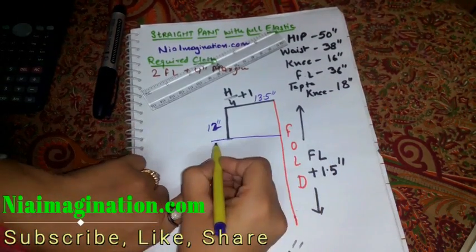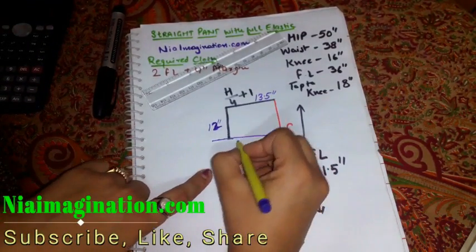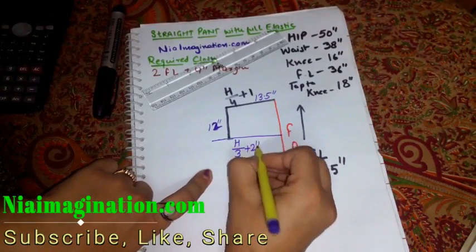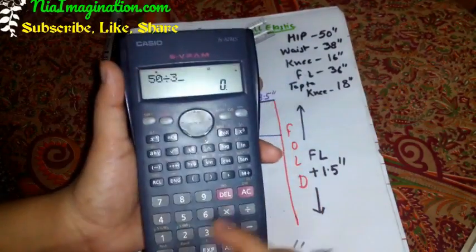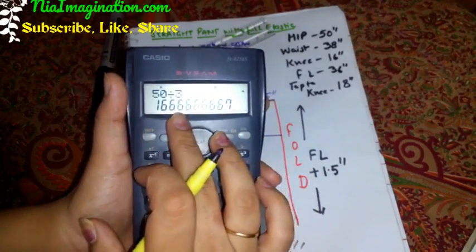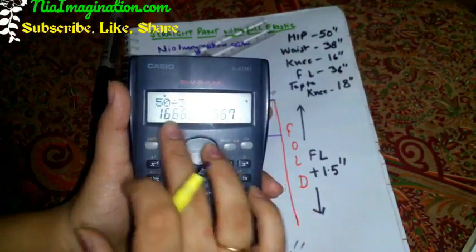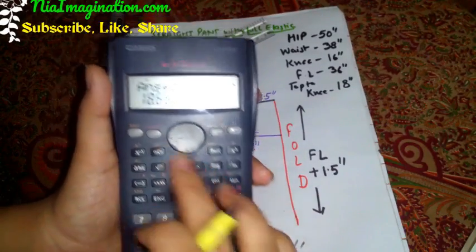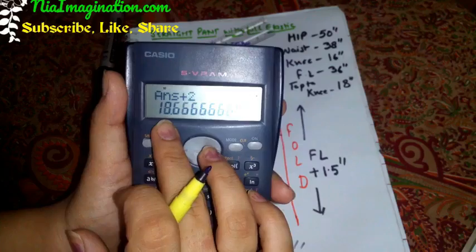Okay, so here I require the hip measurement, that is hip divided by 3 plus 2 inches. So if it is 50 divided by 3, it comes 16.66, so I can assume it 16.5 plus 2 inches, it will come 18.5.